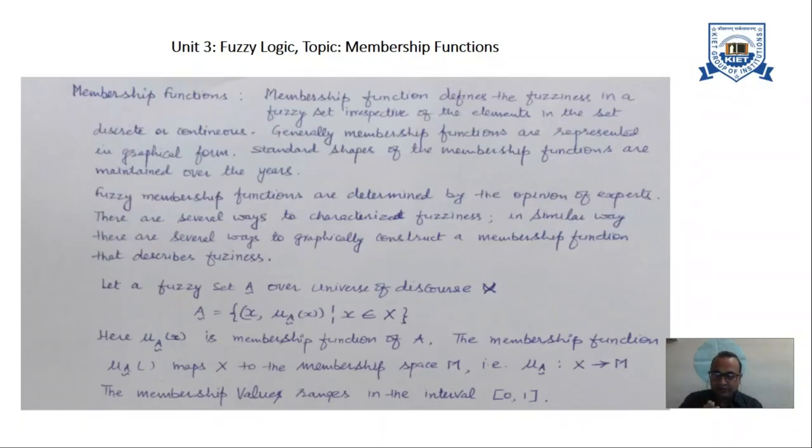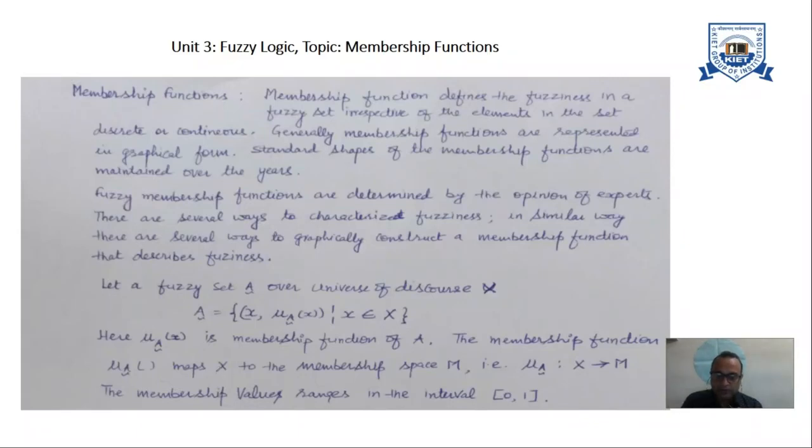So we will make a graph. On the x-axis we will place the elements from the universe of discourse, and from the y-axis we will find the membership value, which we will find with the help of the membership function, and we will draw a membership function in the xy dimensions, right? So here we are saying that the membership function mu maps x.